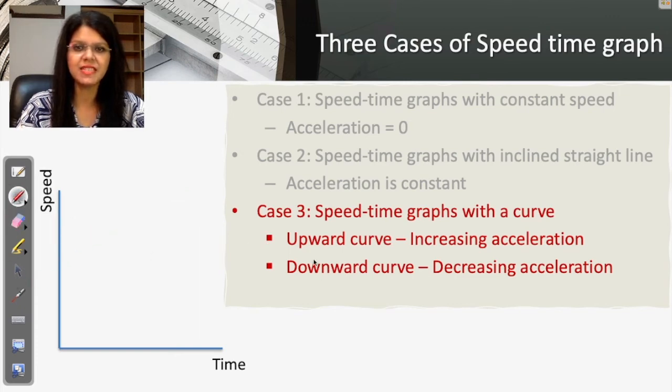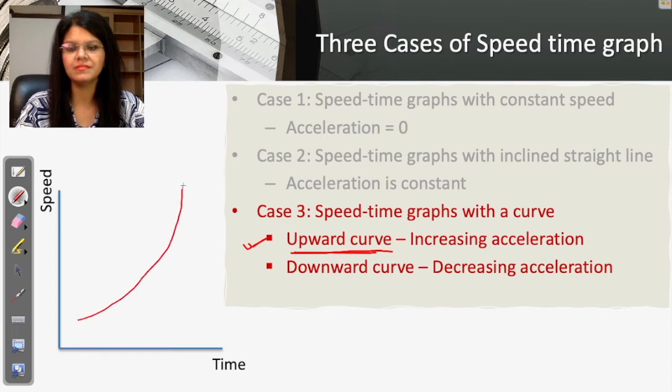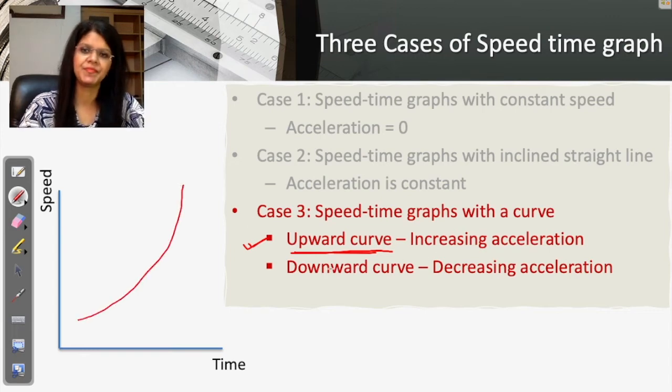If the curve is upward, let's focus here on an upward curve. Let me draw an upward curve here. So what is happening? In a speed time graph, the gradient is your acceleration.